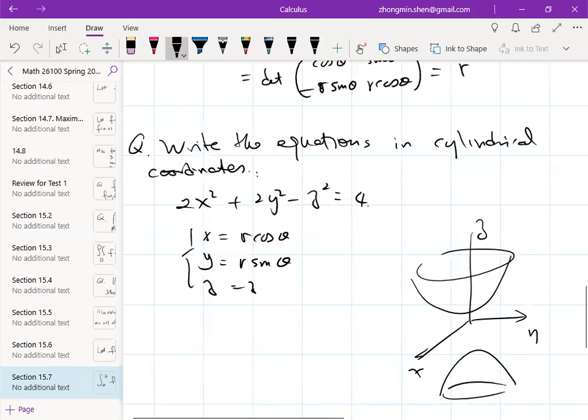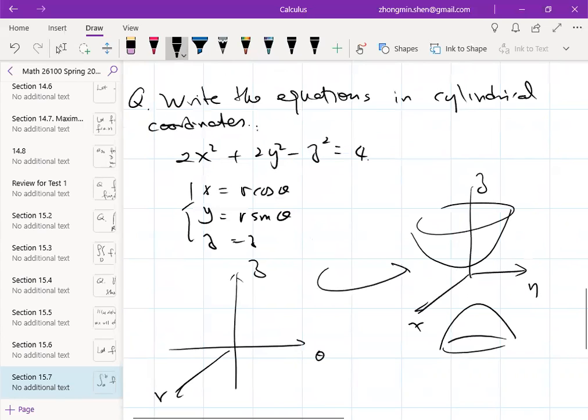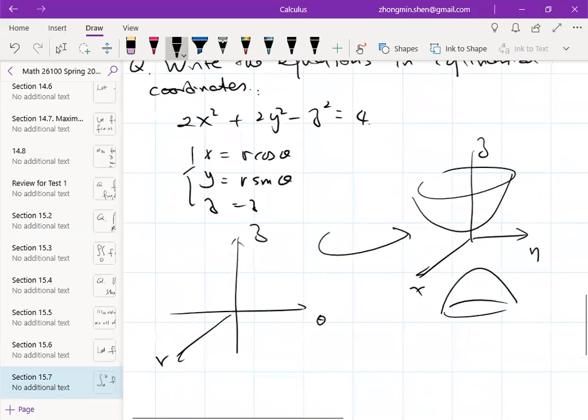So a surface in the three-dimensional xyz coordinate system. We know there's a map here, and so we want to see the pre-image of this surface in this r theta z coordinate system.